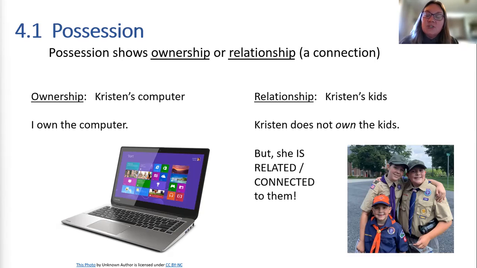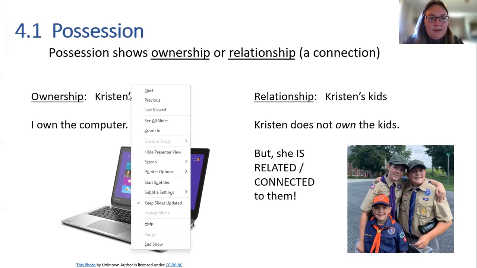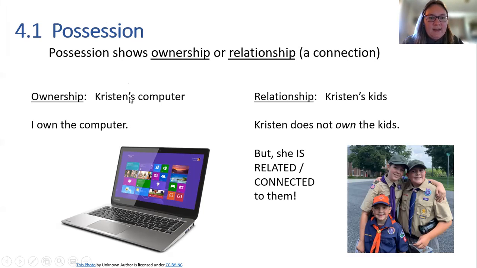And so to show ownership, very simply, very easily, we can say Kristen's computer. I own the computer. Kristen would be followed by an apostrophe. That's this guy right here. You can see right between the N and the S, and then an S to show ownership.